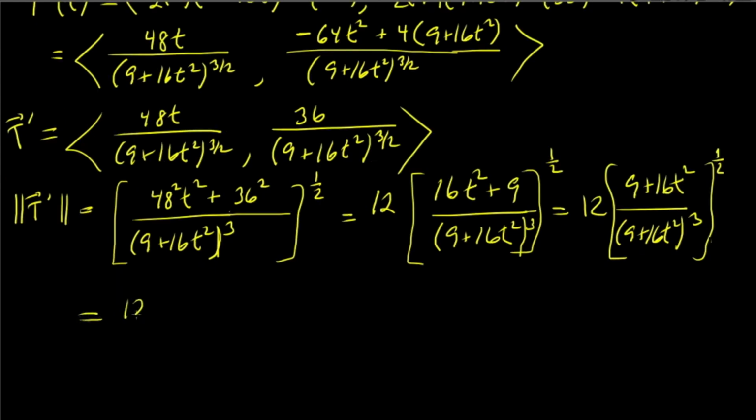And that brings us to 12 over the whole thing: 12 divided by 9 plus 16t squared to the 1. 3 minus 1 is 2, but then the square root of that will just be to the power 1, so maybe I shouldn't have even written the parentheses here. Okay, well, there we go. That's going to be the magnitude of T prime.